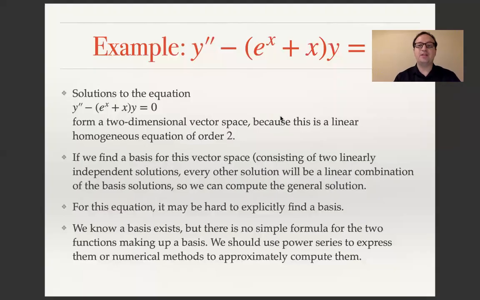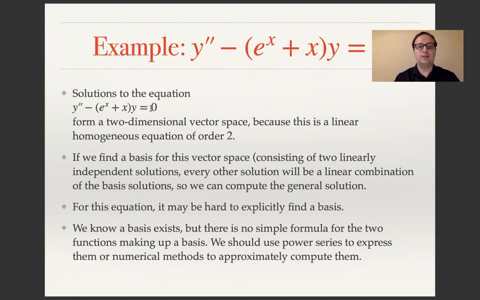All right, so here is one more example. Let's consider the equation y double prime minus (e^x + x) times y is equal to 0. This is a linear second order ordinary differential equation. It is homogeneous because we have 0 on the right hand side.